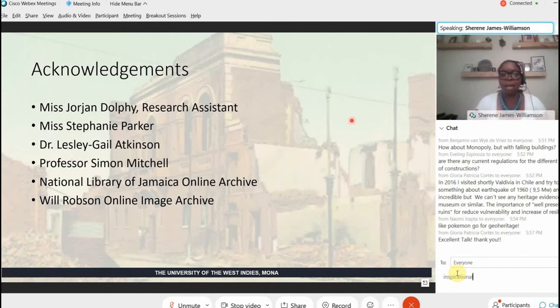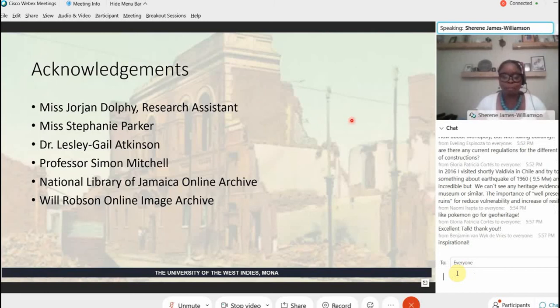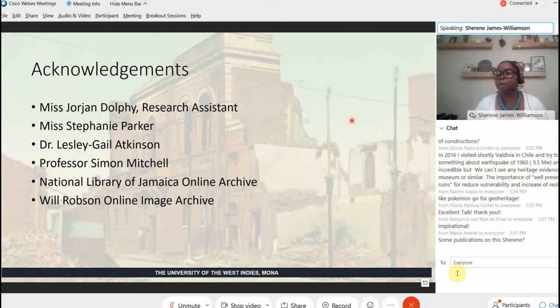So she's waiting on the actual recording. And Professor Simon Mitchell, whose archive we used for all the newspaper clippings and everything. And I got some pictures of the National Library of Jamaica online archive, and so too from Will Robson, his image archive of the 1907 earthquake.